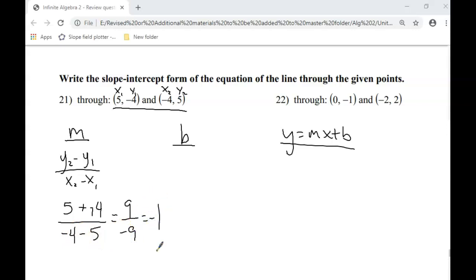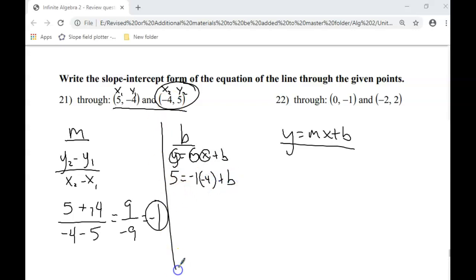So I've got my m. Then I've got to find my b. The way that you find the b is you go to this formula, and you're going to plug in something here, here, and here and solve for b. So just pick one of your x and y pairs. I'll do this one. In this case, my y value is 5. My slope, which I just found earlier, is negative 1, right? And my x, which is here, is negative 4. And I just have to solve for b.